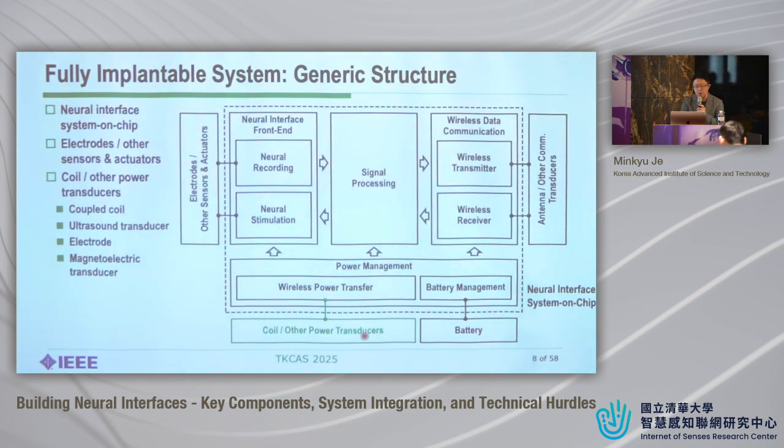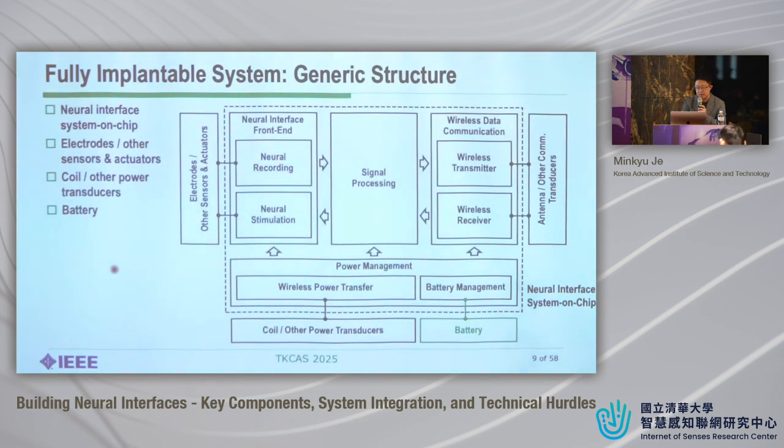We need some coil or other types of power transducers in many cases, such as a coupled coil or ultrasound transducer. Sometimes we transmit the power using ultrasound, acoustic waves. And we can even use electrodes for body-coupled powering. Recently, researchers are also working on magnetoelectric transducers.